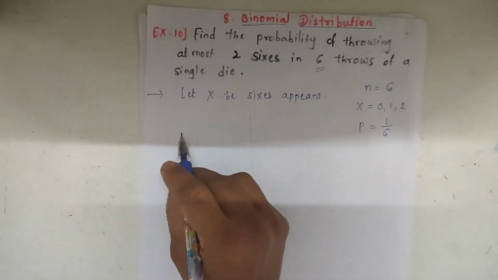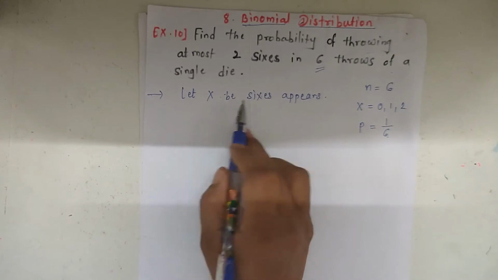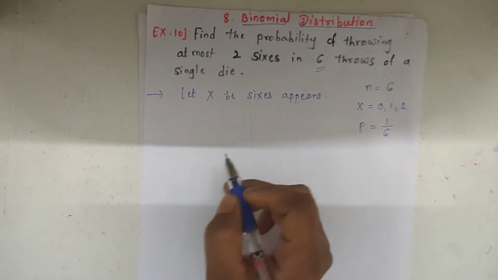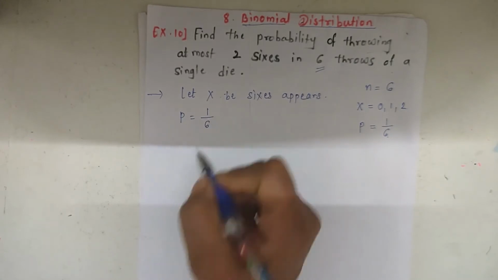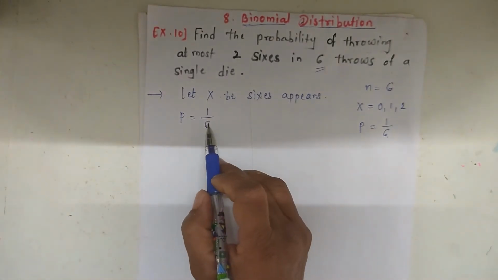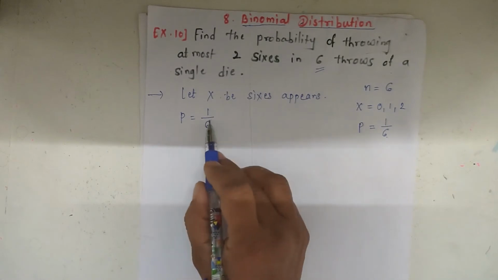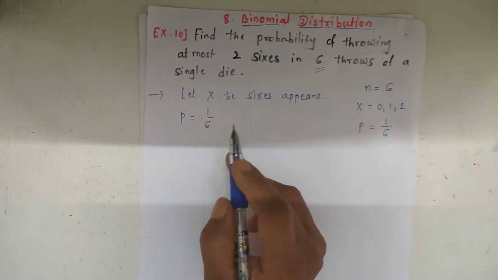Here the numbers on the die are 6 and the chance of a 6 is 1. So we consider x as the number of 6s that appear, then the value of p is equal to 1 upon 6.